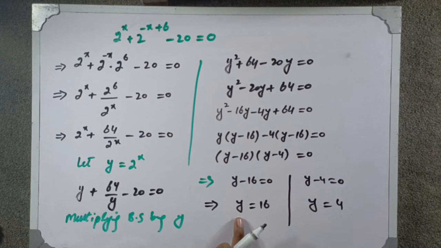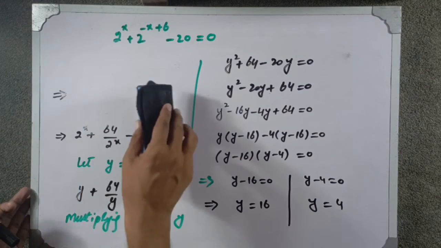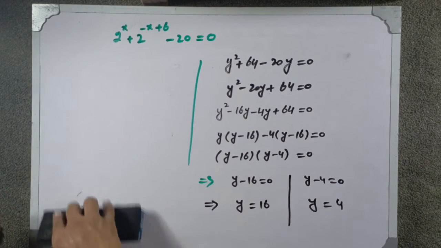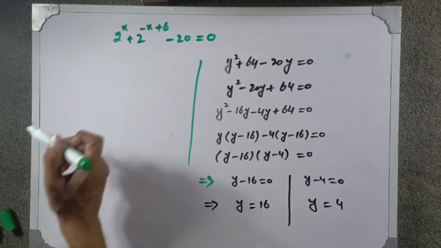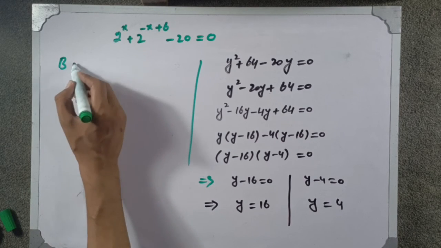We are going to bring back the value of y. For that, let me make some space and erase this. As we know, y is equal to 2 raised to power x. So here let me write it: back substitution.